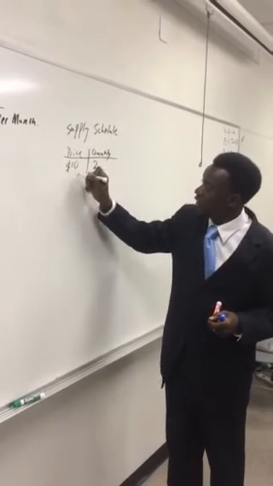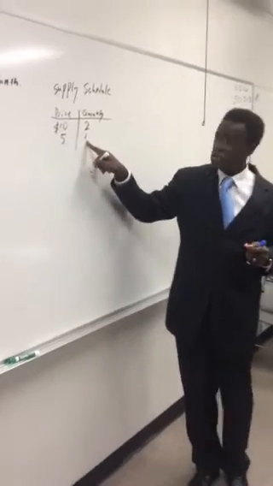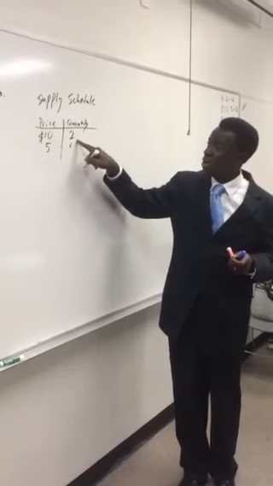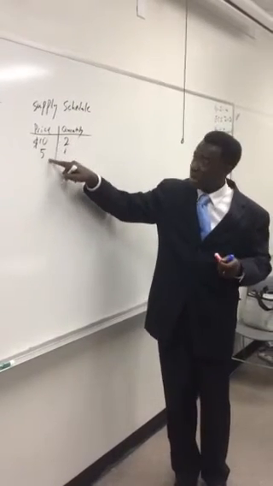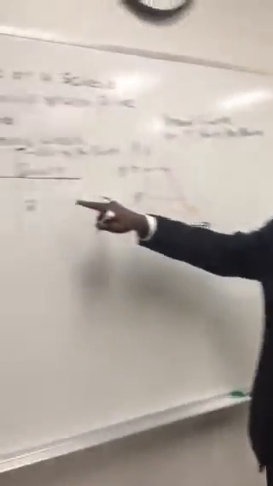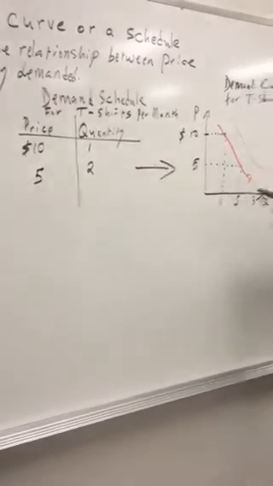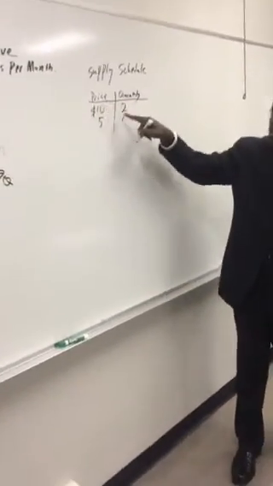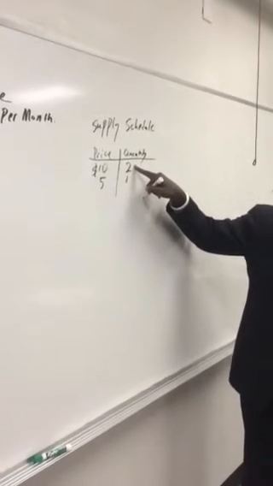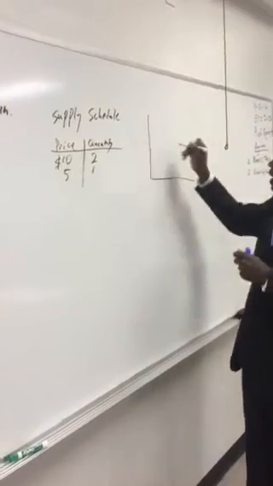When the price fell to $5, the quantity supplied is 1. So price and quantity supplied move in the same direction. When the price increases, the quantity supplied increases. But with demand, when the price increases, the quantity demanded falls.